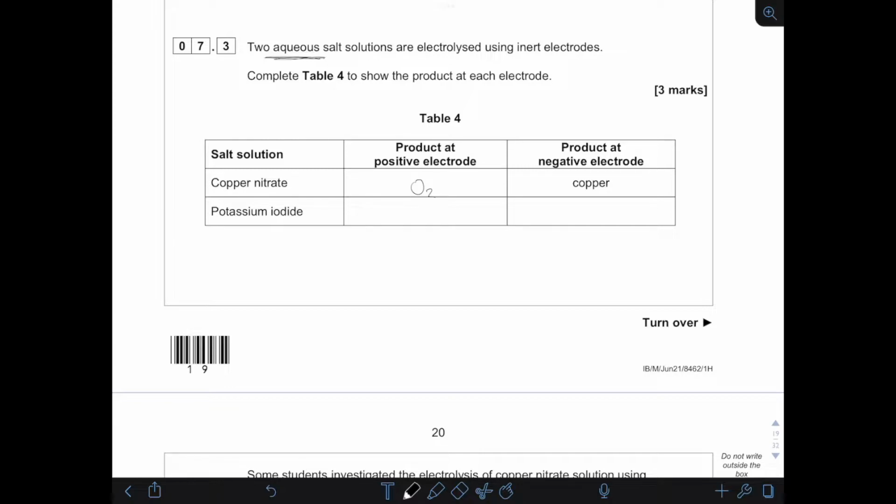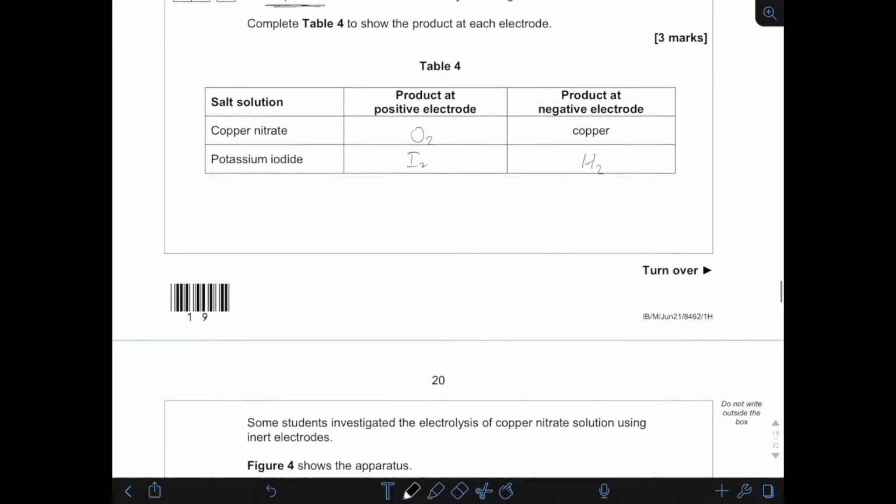And in fact, sodium chloride is very similar to potassium iodide, it's just a different ion. And potassium, again, is too reactive compared to water, so actually hydrogen gas is evolved at the negative electrode, and iodide becomes iodine. So iodine is I2. So that's that.